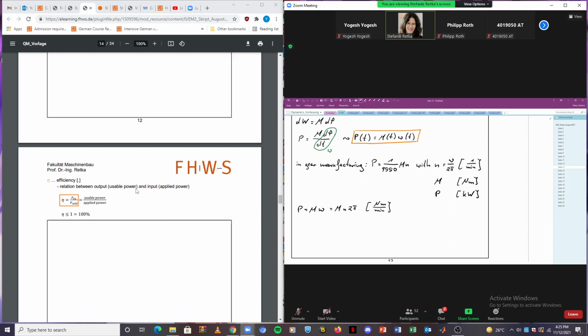Now, Newton meter per minute is not yet watt, of course. So we have to convert minute into seconds. And if we do that, it's M times n 2 pi over 60. Now we have Newton meter per second, which is equal to watt.